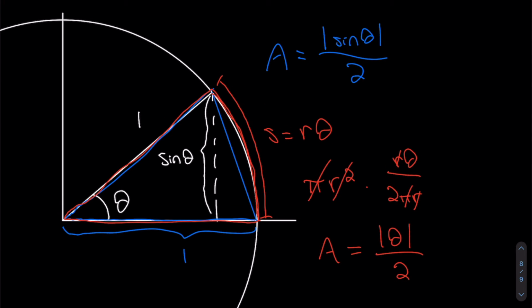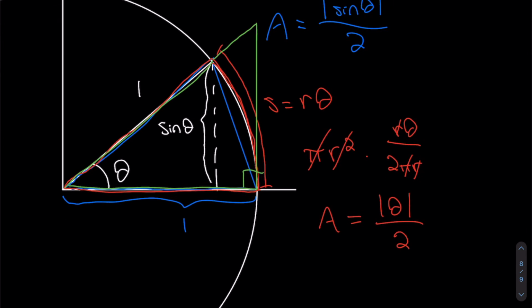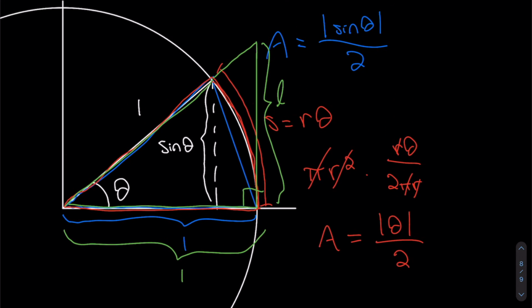Now I'm going to take the area of one more triangle, this green triangle here. It has the same base as the blue triangle, 1. Let's figure out what its height is. I'm going to call it L for now.